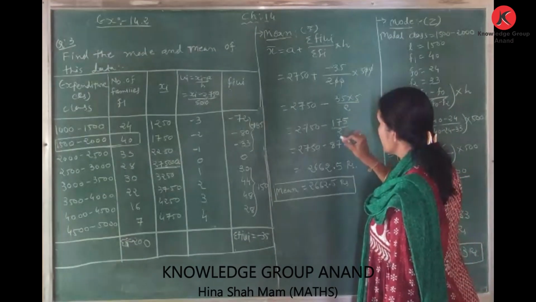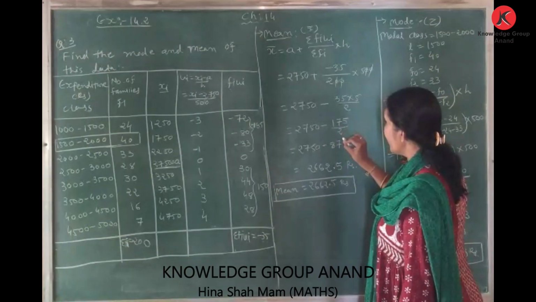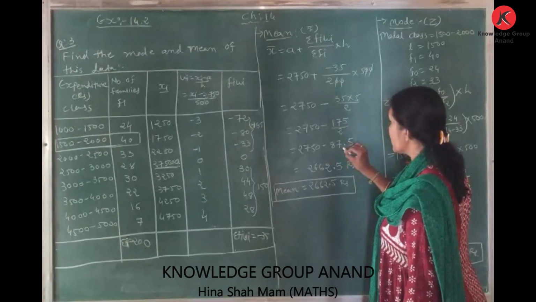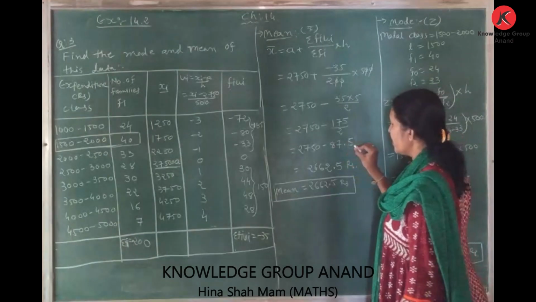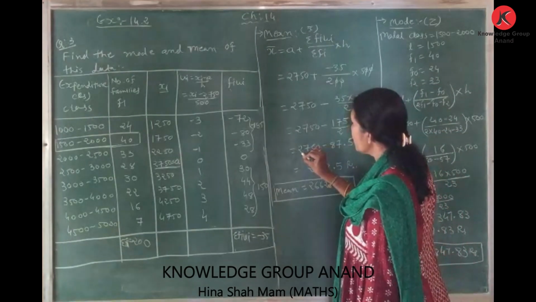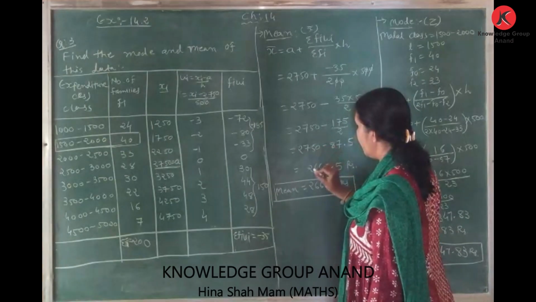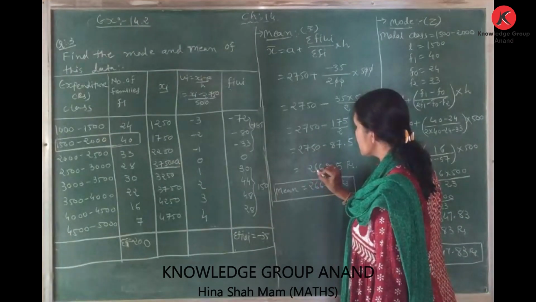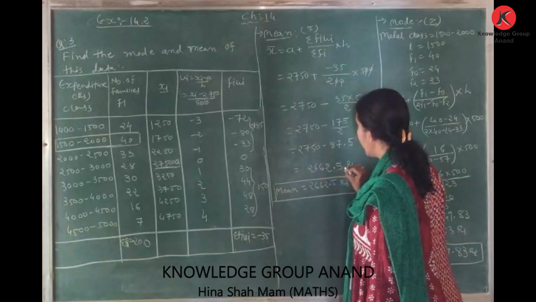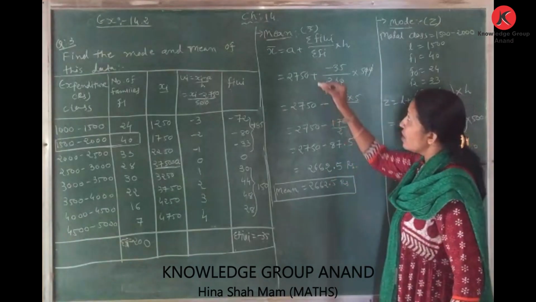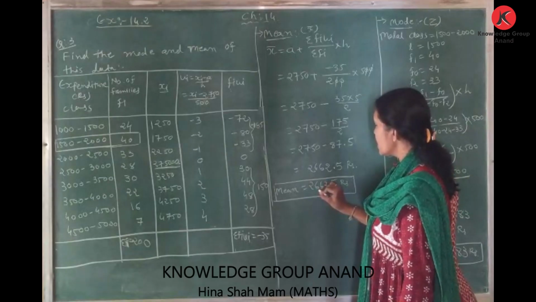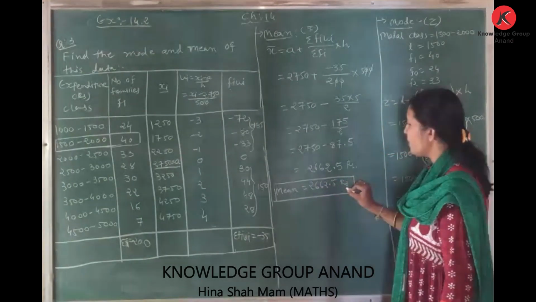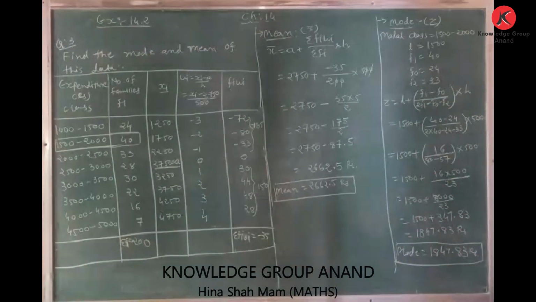Simplify: 175 divided by 2 is 87.5. We subtract 87.5 from 2750, which gives 2662.5 rupees. The mean is equal to 2662.5 rupees.